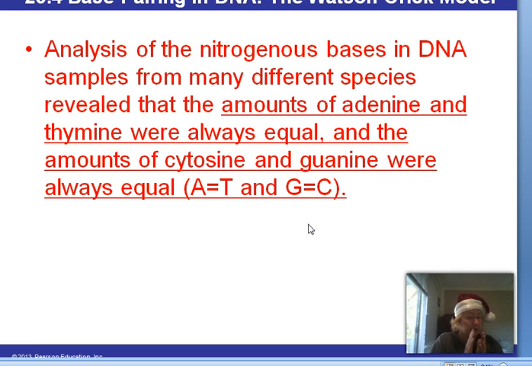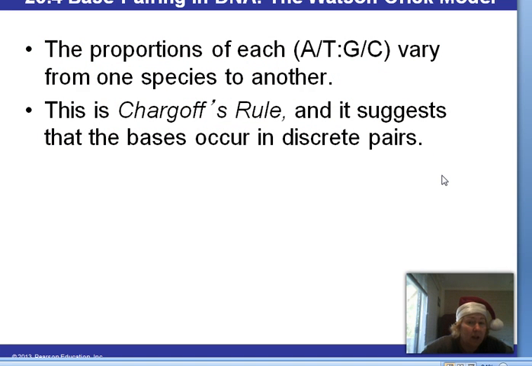Always the same amount of cytosine and guanine. So he said to himself, I bet that's how they link up. A is always connected to a T. T is always connected to an A. And that's how they replicate each other. So amounts of adenine and thymine were always equal, and he realized that this was the way that things came together. The property that A goes with T and C goes with G is Chargaff's rule.